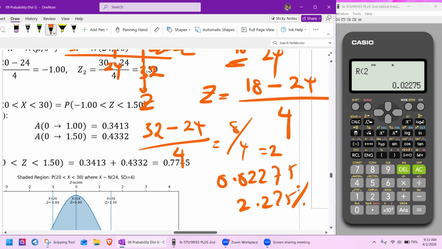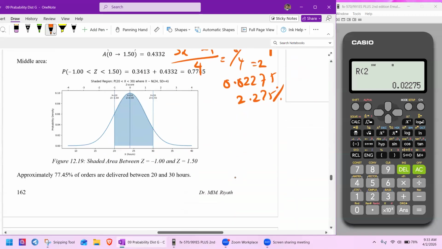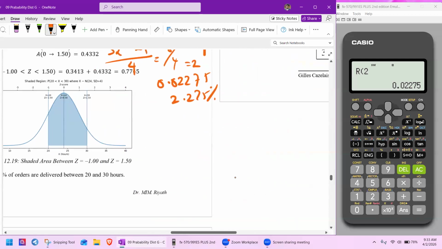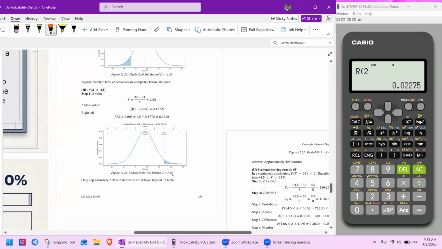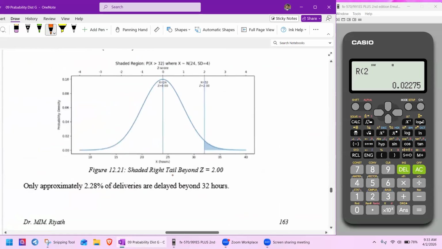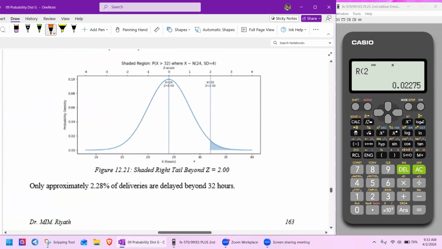Here it is given later than 32 hours. So therefore, only approximately 2.28% of the deliveries are delayed beyond 32 hours.